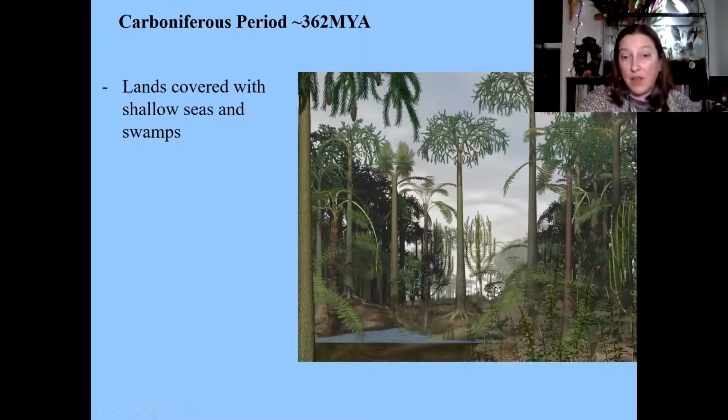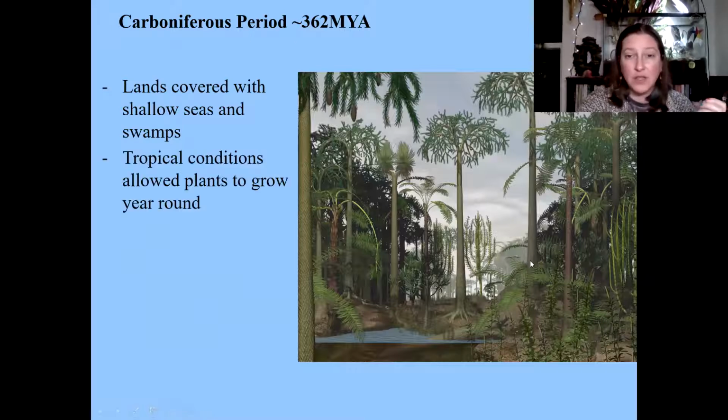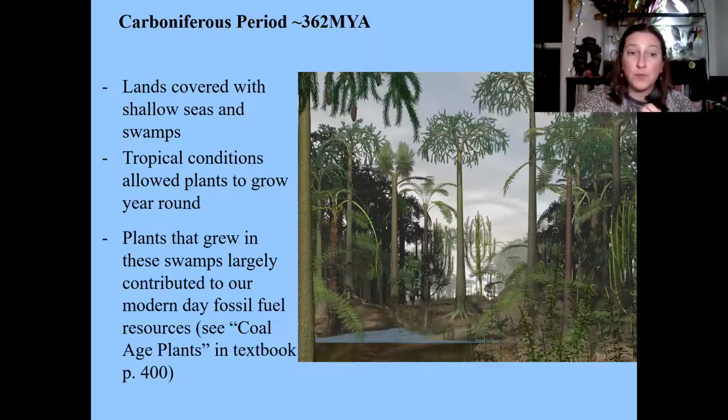And that's a picture here of what it might have looked like. This is a reproduction, obviously. There are tropical conditions year round because you're at the equator. And the plants that grew in this swampy environment are much of what we use in our fossil fuels now.